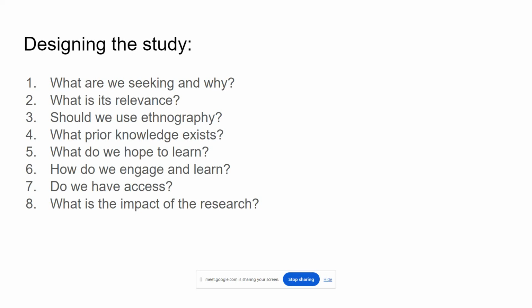For example, doing research on a certain community, assessing how a certain product influences their everyday life, is relevant because you have built that product and you want to see whether your product is bringing about a change in their lives or not.